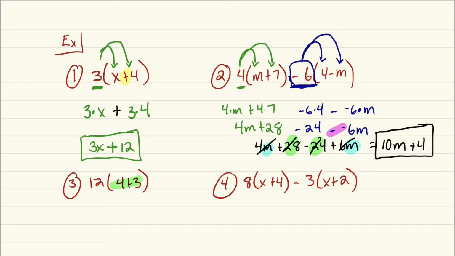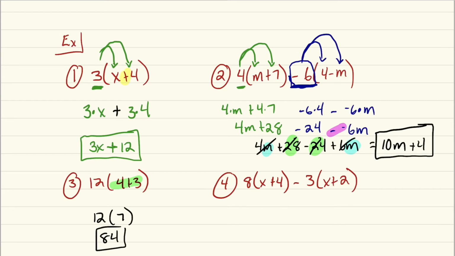So that problem can just be rewritten as 12 times 7. And 12 times 7 is 84. So, at first glance, we thought we would have to distribute. We could if we wanted to, but we don't have to.